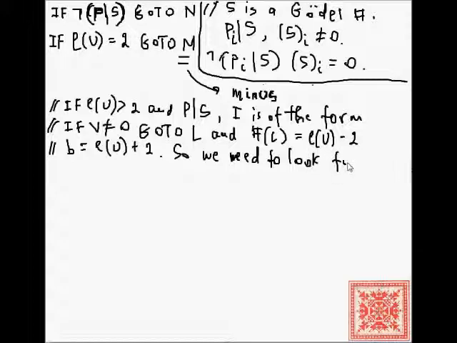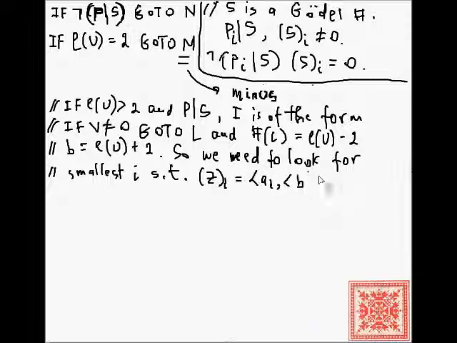So we need to look for the smallest instruction number I, the smallest line in our program, such that z sub I, instruction number I, is of the form A sub I, then B sub I, and then C sub I.